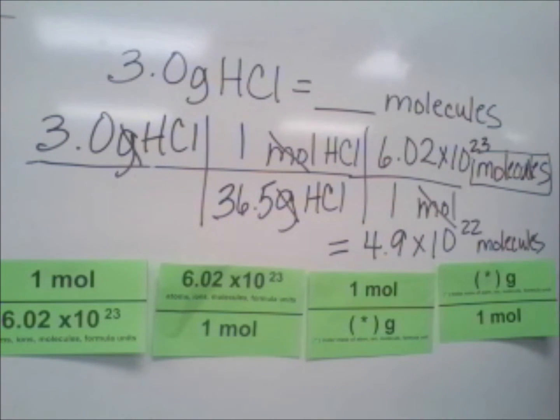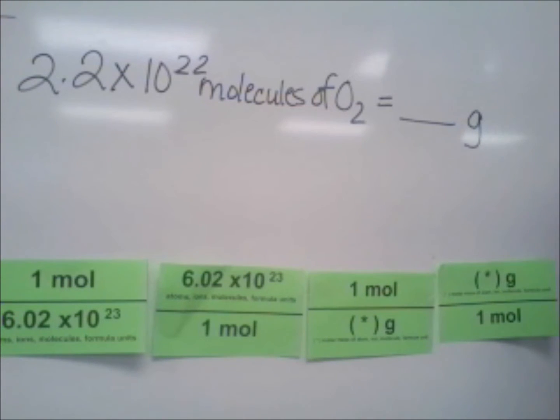The final problem that we're going to work today is going to have us taking 2.2 times 10 to the 22nd molecules of oxygen, O2, diatomic oxygen, and converting it to grams. What this problem is going to show us is how we still use the same conversion factors.